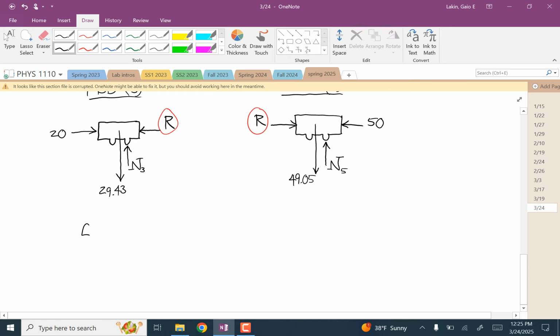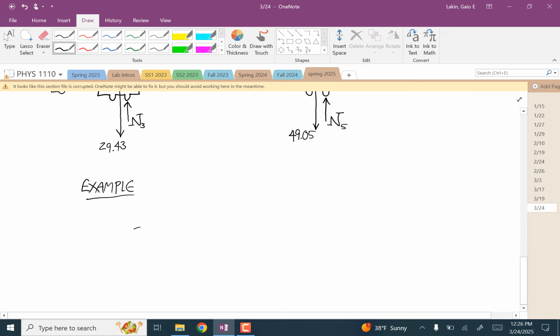Let's do another one. So let's say on this one, we have two objects that are connected by a cable, and the cable goes over the pulley.